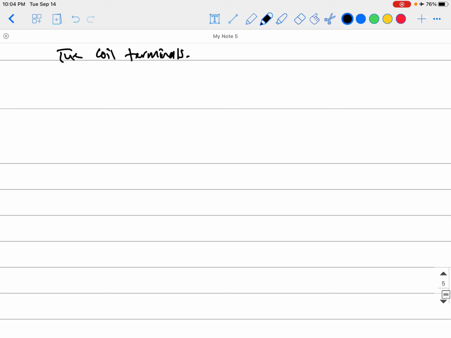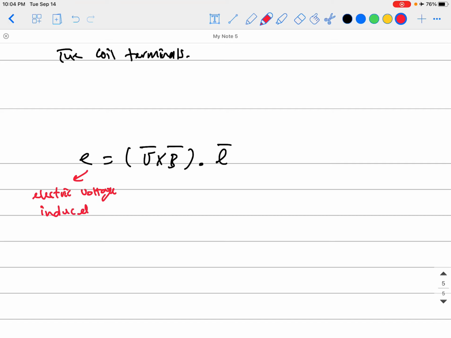If you write the math of this, that is the equation from Faraday. The electric voltage that can be induced is just E equals V cross B dot L. So what is this? E is the electric voltage induced in a wire.